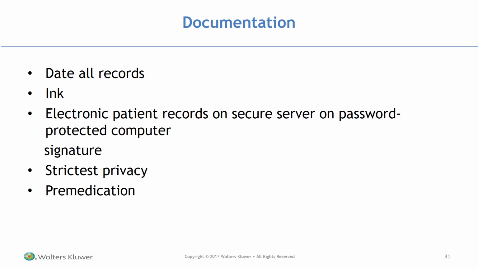All electronic charting documentation is signed electronically and saved in such a way that falsifications to patient records cannot be made. Provide a specific line on the health history form for the signature of the patient. We do have that in our clinic, and we have touch screen monitors so the patient can just sign it there. Maintain all information obtained for a patient history in the strictest of privacy.